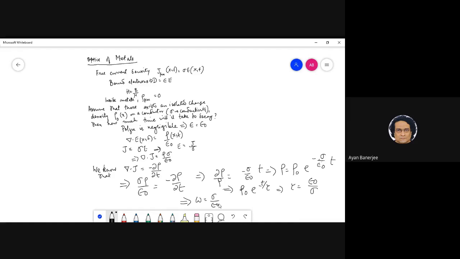As you see here, what is omega? It is basically a constant, right? This omega is a constant because sigma and epsilon naught are both constants. So if we work within these time scales, this is like a DC picture. We are not assuming dispersion.